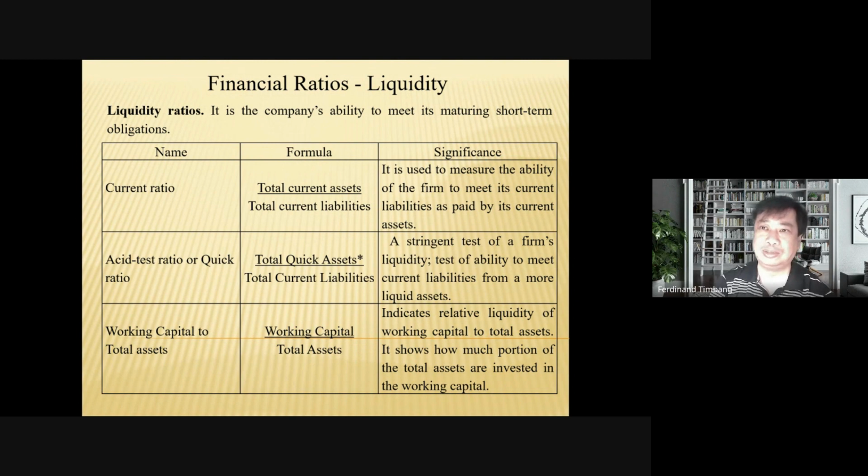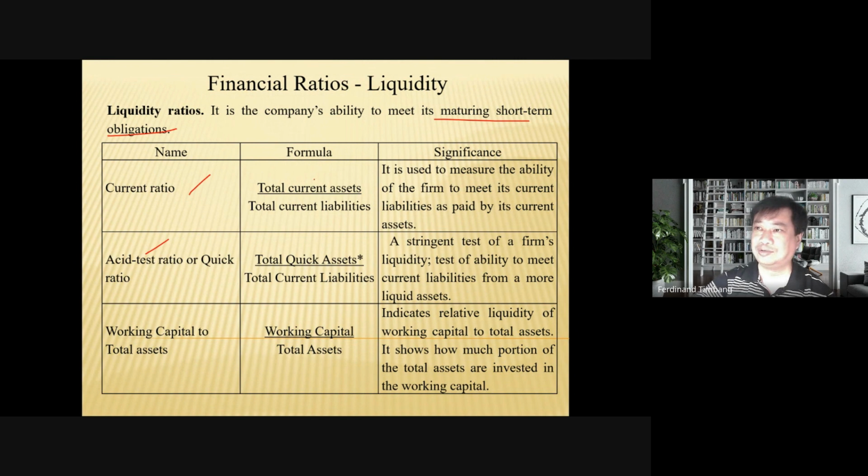So, we have the liquidity ratio. Ito yung capacity to meet the maturing short-term obligations natin. Okay? So, meron tayong current ratio ngayon. So, yung total current assets over current liabilities. Then, this one is actually improved to the acid test ratio or quick ratio. Bakit?